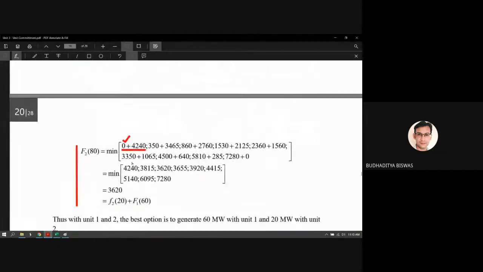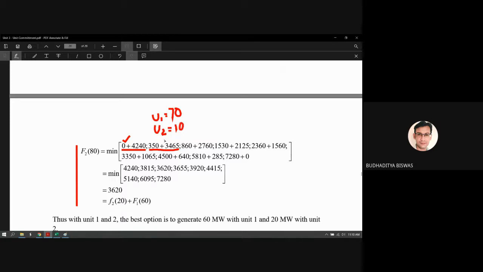This one is actually, unit 2 is 0 and unit 1 is generating 80 megawatt. Okay, so the first is unit 1 is 80 megawatt, unit 2 is 0. Now let's see the second condition: unit 1 equal to 70 megawatt and unit 2 equal to 10 megawatt.